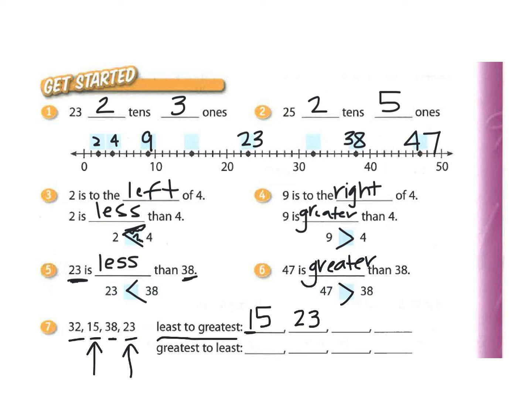Remember, when we have the same number in the tens place, the 3, then we have to look at the ones. So we have 2 and 8. Well, 32, the 2 is less than 8, so 38 would go after it. But if we were writing greatest to least, we would flip it around. So then we would do 38, 32, 23, 15.